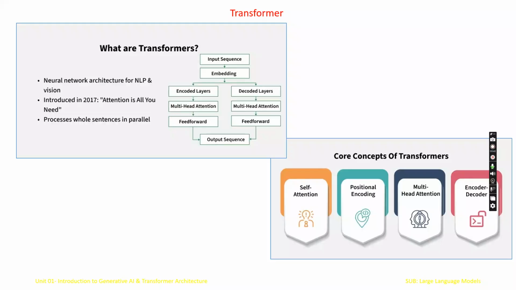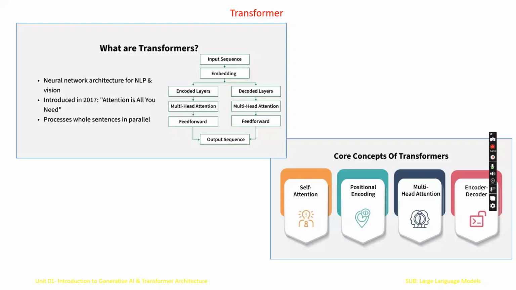For example, in the sentence "Artificial intelligence is changing the world," an RNN reads one word after another. Because of the sequential processing, training becomes slow. Another major limitation is the vanishing gradient problem, where the network gradually forgets information from earlier words in long sentences.